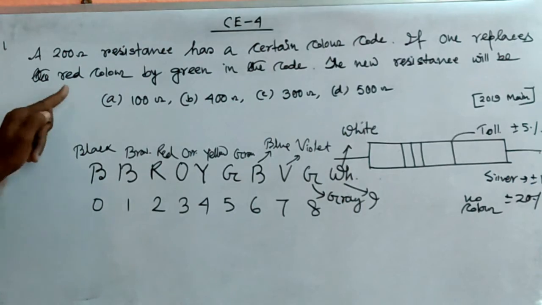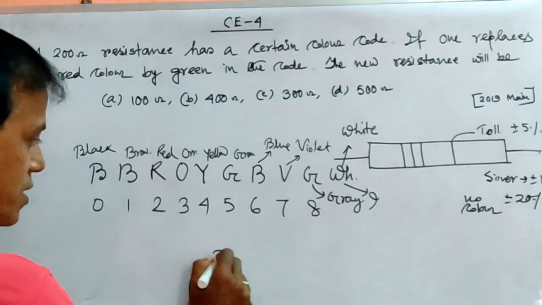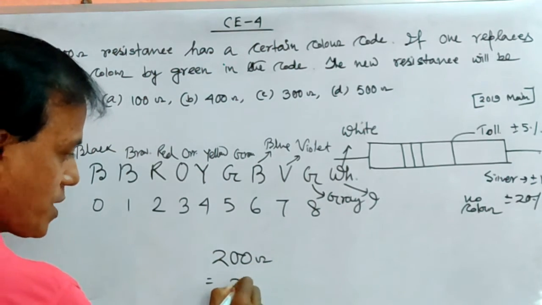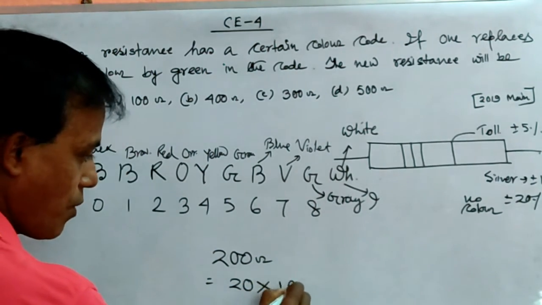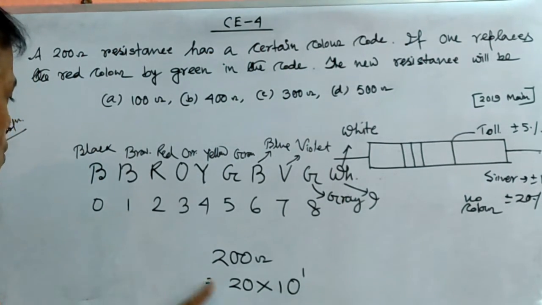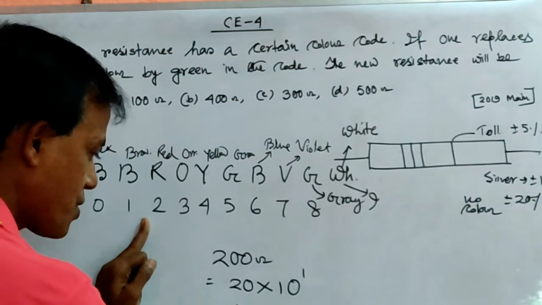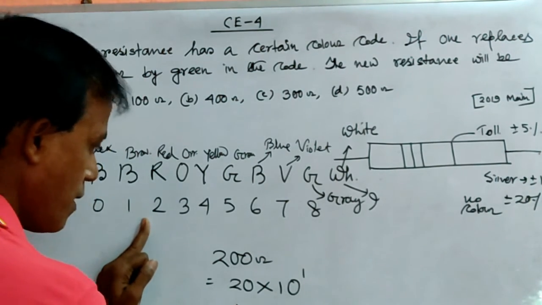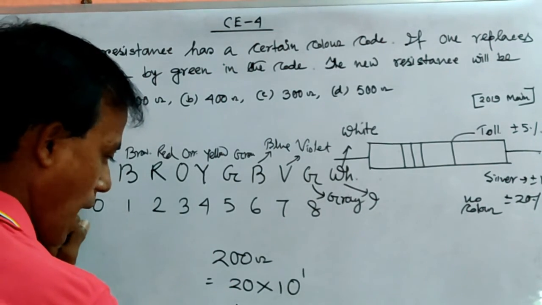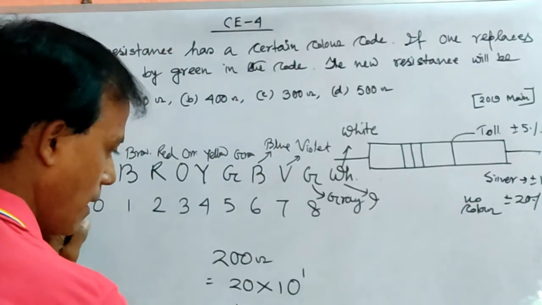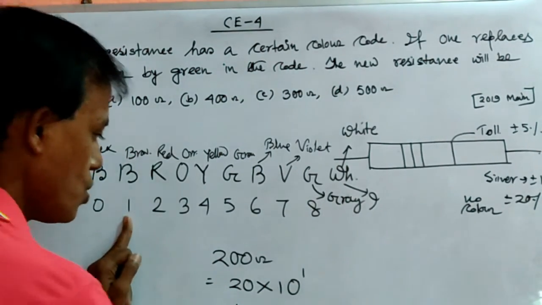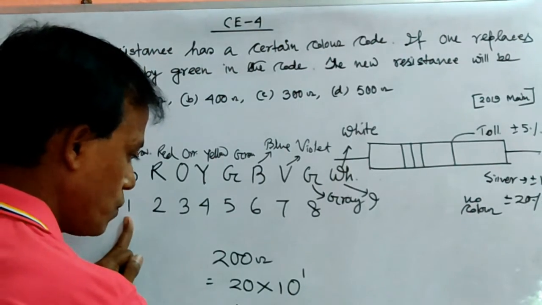So 200 ohms means 20 into 10 to the power 1. For the first two digits, 2 is red, so the first color is red. 0 means black, so the second color is black. And the multiplier is 1, which means brown.